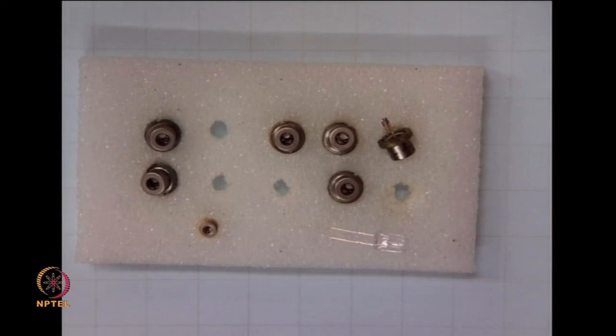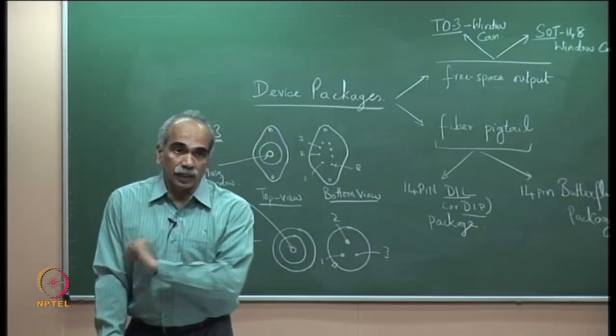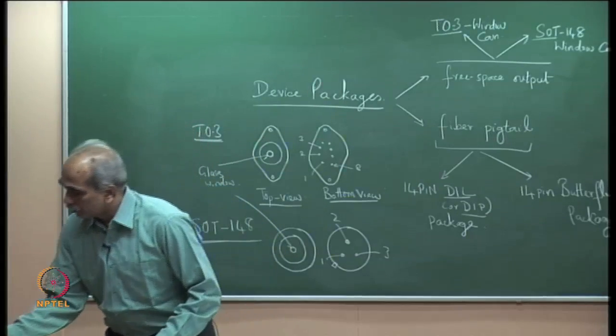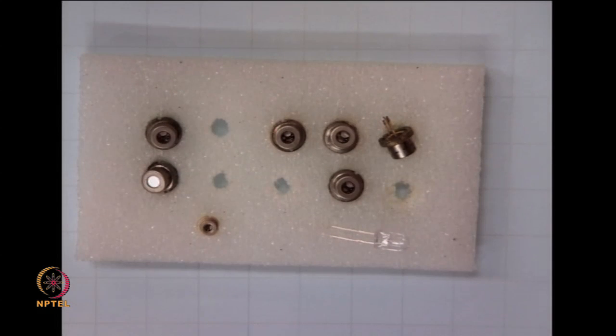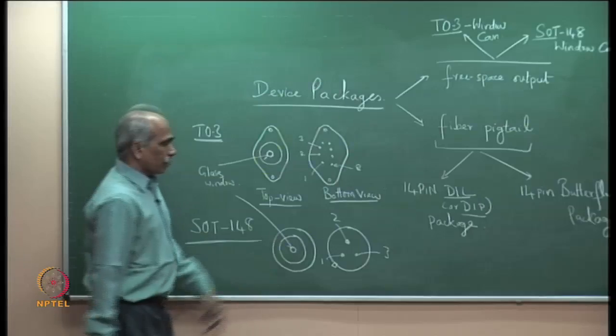This is a laser diode used in a CD writing device, and this small device gives an output power of about 20 milliwatts. There are 3 terminals.